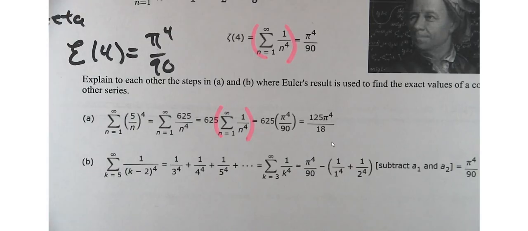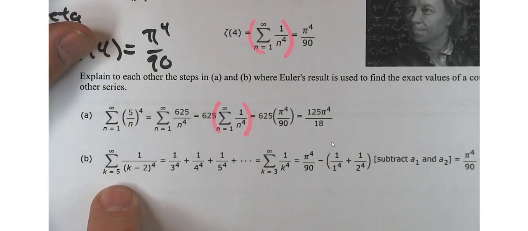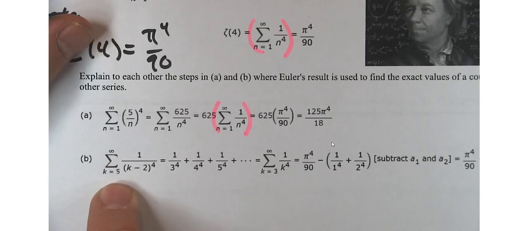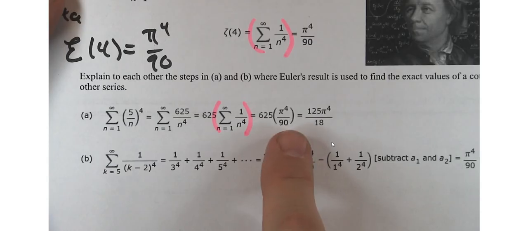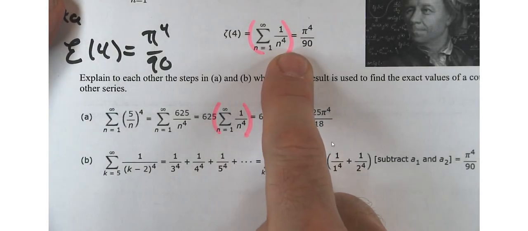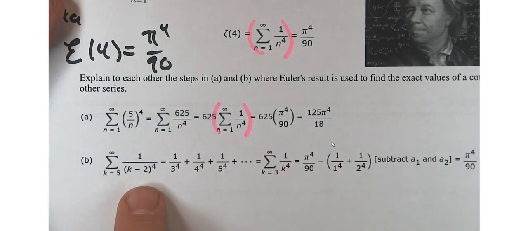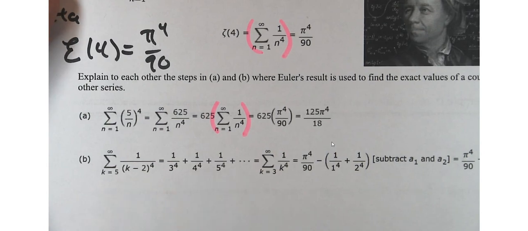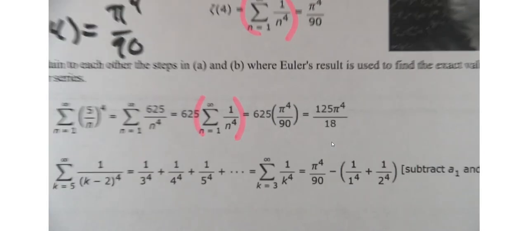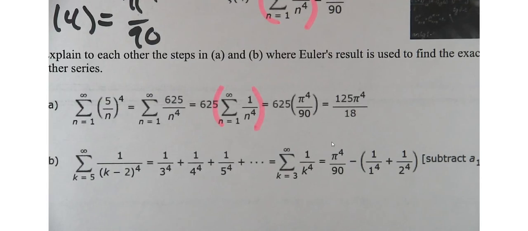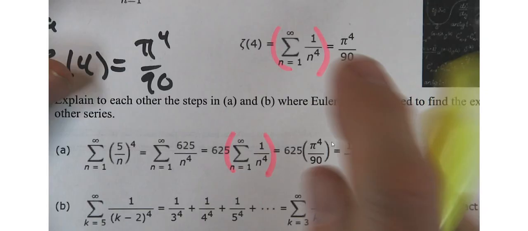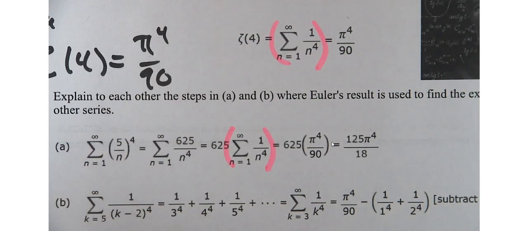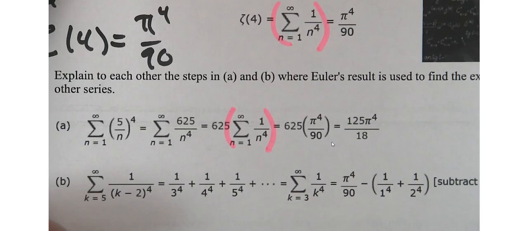But let's take a look at this one. How come I can't immediately say, oh, well, that's just really the zeta function at 4 again? It's close, but it's not quite the same. Why is it different? Is there anything different about this and this? Let's take a look at the first few terms of this series.